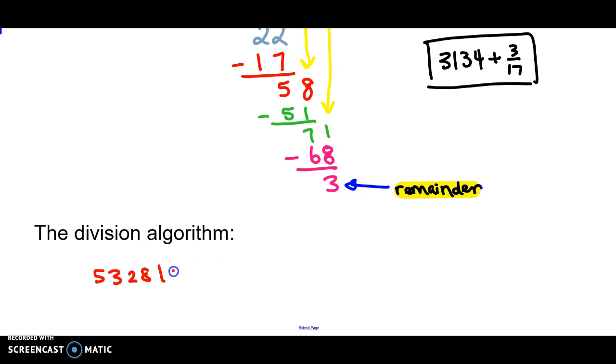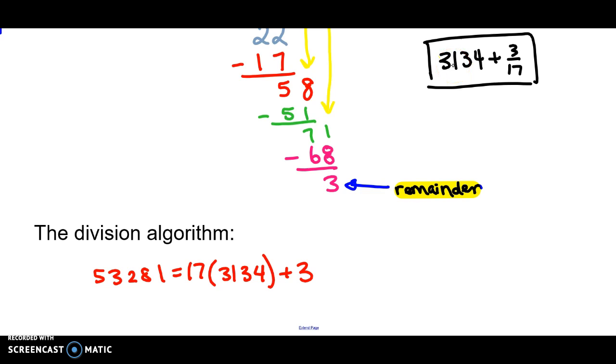We could also say that that equals 17 times what we got as our answer, that's 3,134, but don't forget to add 3. Okay, so this is another way, it's really understanding the whole concept of how multiplication and division and having a remainder, understanding how that's all related. It's just a different way to rewrite what we had just above.